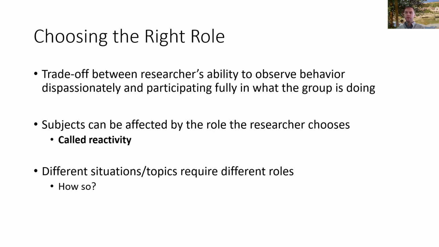Okay. And researchers have to make this choice. Do I focus on getting as objective a view as possible, or do I fully commit to this type of behavior? Okay. And depending on the type of research or the topic that a researcher is selecting, these subjects themselves can be affected by what the researcher does.